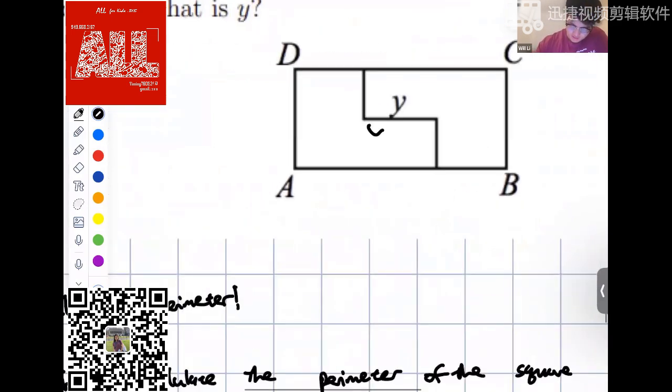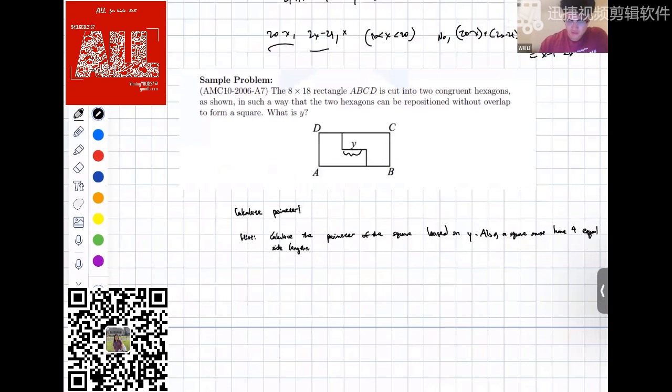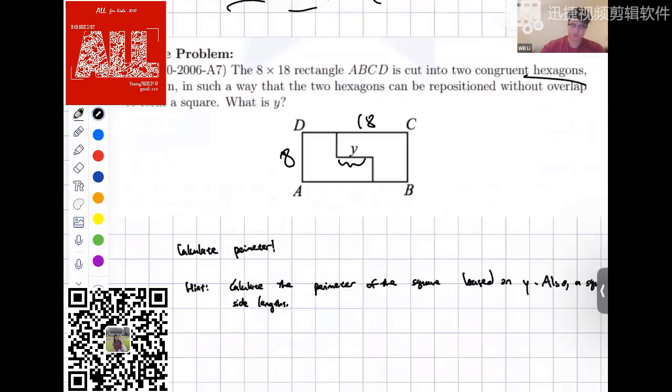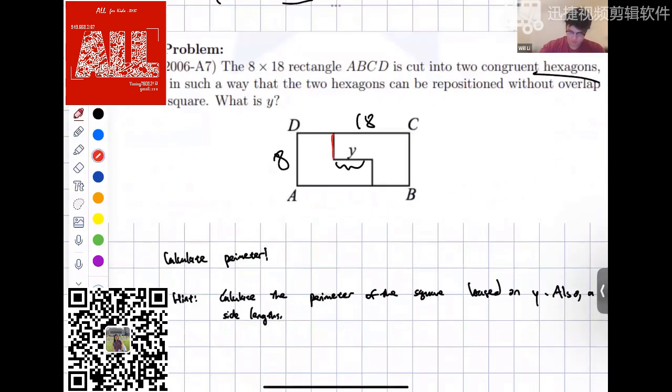And y is this distance right here. This is y. And this is 8, and this is 18. And the 2 hexagons here are this one, that has 6 sides, right? And this one.